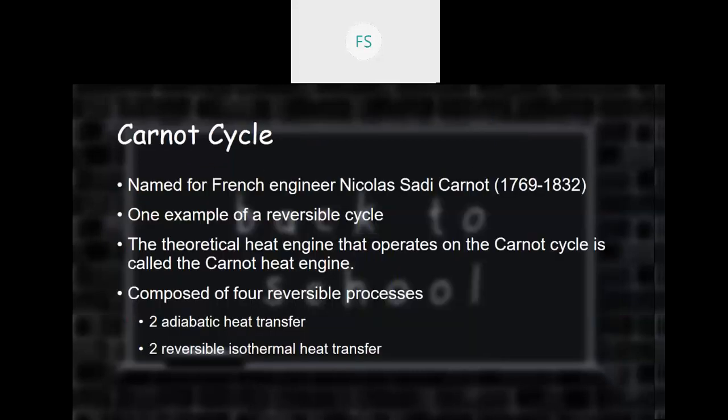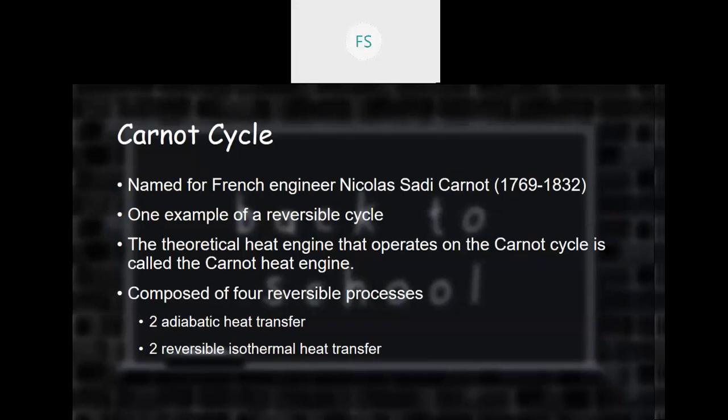The Carnot cycle is one of the applications, one of the famous examples for a reversible cycle, developed by Nicolas Carnot, a French engineer, to show the ideal cycle, the reversible cycle.